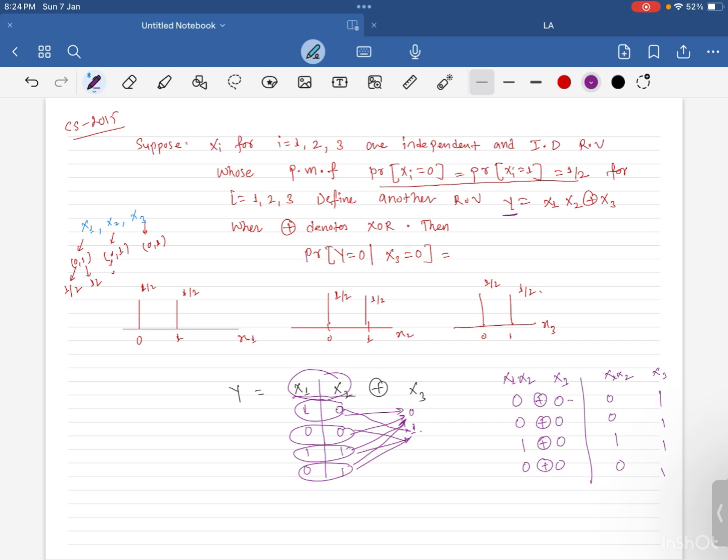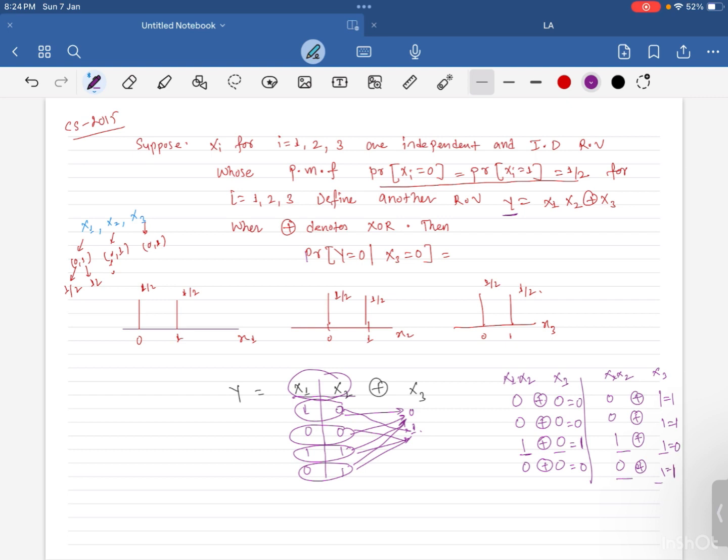Same, so it will return 0; different, it will return 1; and same, it will return 0. Here we can also take the XOR: different returns 1, different returns 1, different returns 1, and here it will return 0 because these are the same, and here it will return 1.